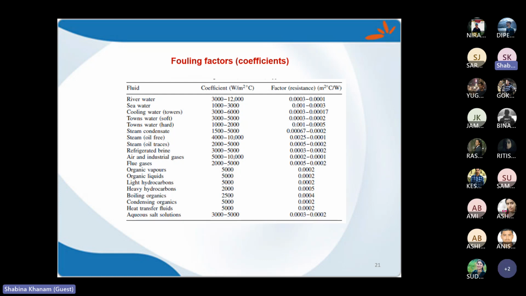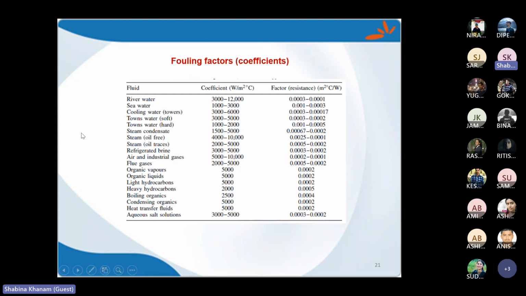Further, in the overall coefficient there is a term, the dirt coefficient. The dirt coefficient we have also discussed, and this is a table given in volume 6, which you can use as a guideline to choose the fouling factor.